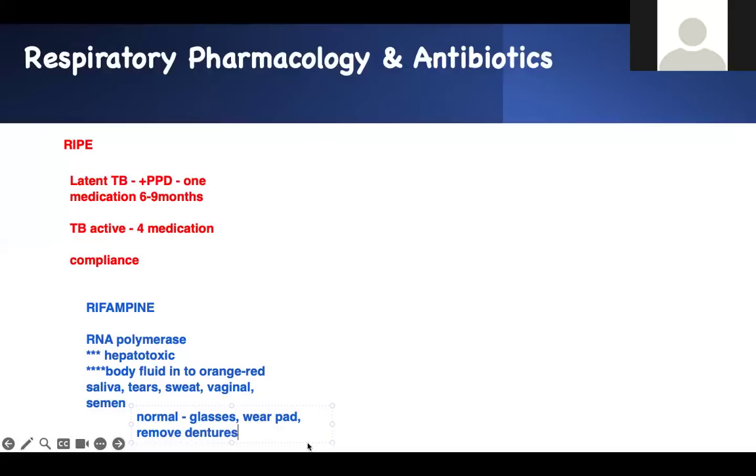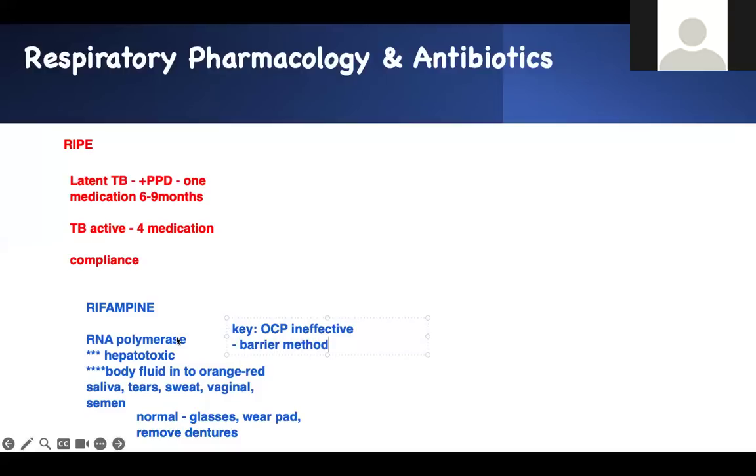What is the priority for this? Priority information, the key that the board will ask. All of this is not the priority. What is? Oral contraception becomes ineffective. Therefore, if it's a female, you tell them to use a barrier method.